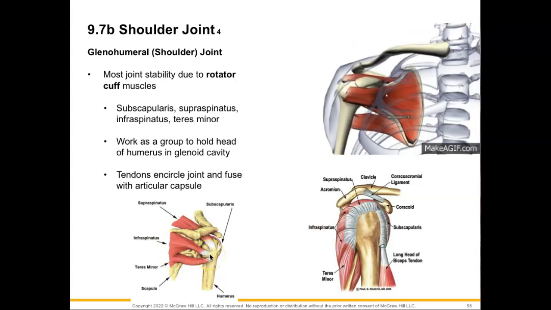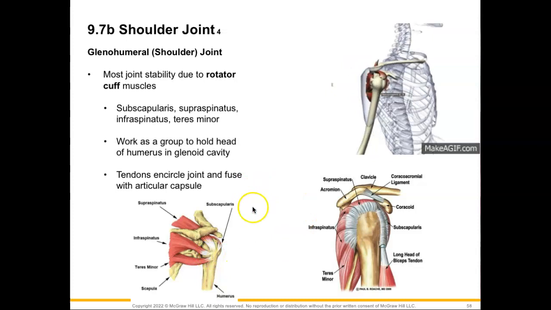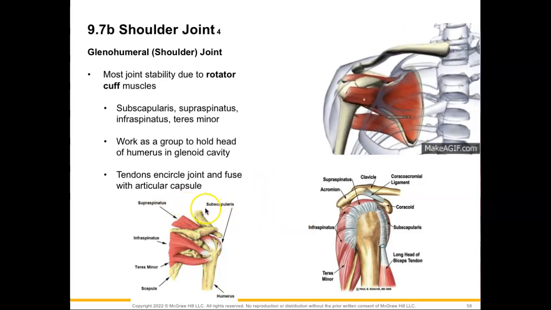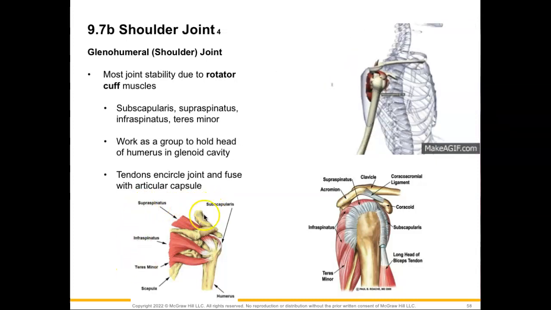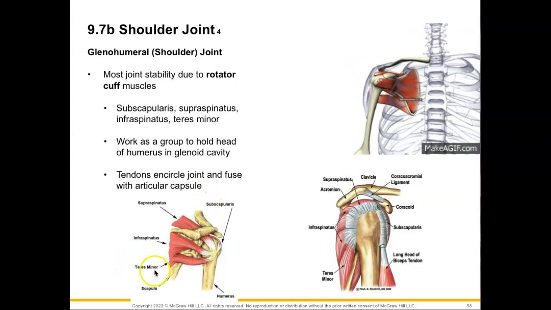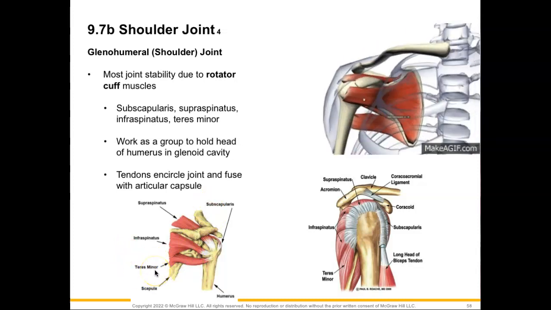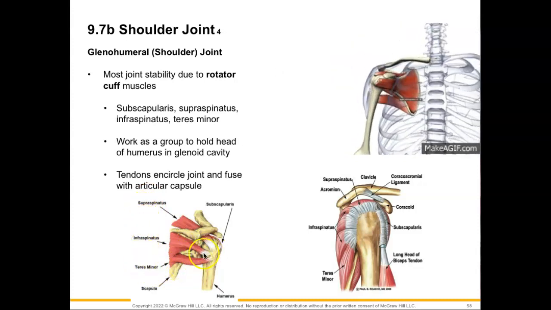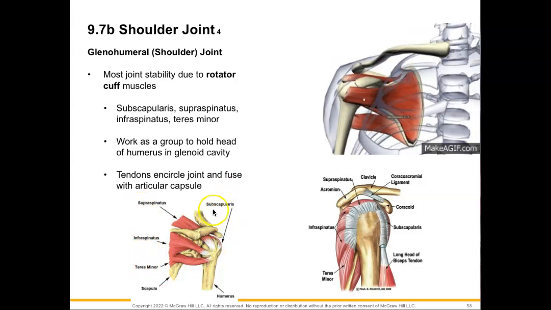So the way that I like to remember your rotator cuff muscles is that I remember the term SITS. S-I-T-S. You just have to make sure you remember this is teres minor and not teres major. And you can remember that we sit on the greater tubercle, but we don't sit on the greater tubercle, since subscapularis goes onto the lesser tubercle.